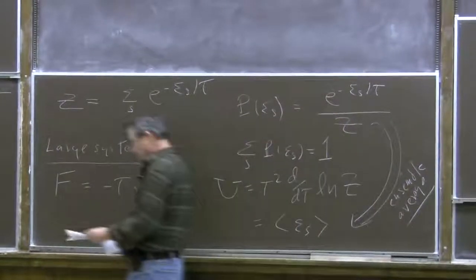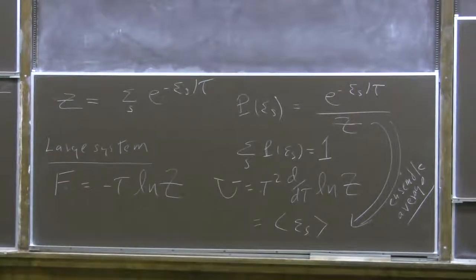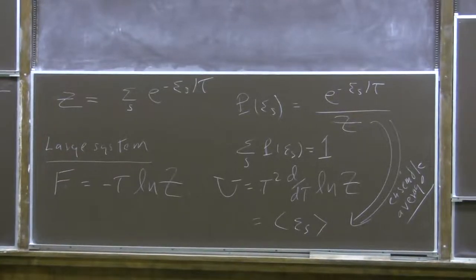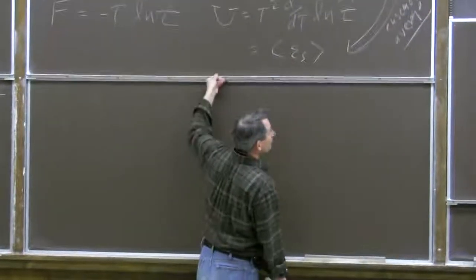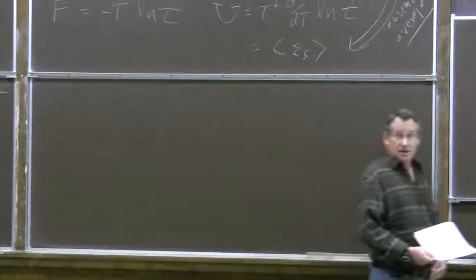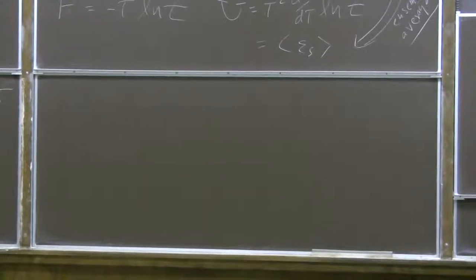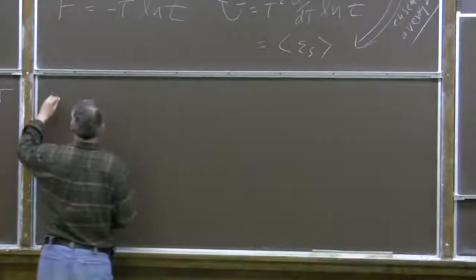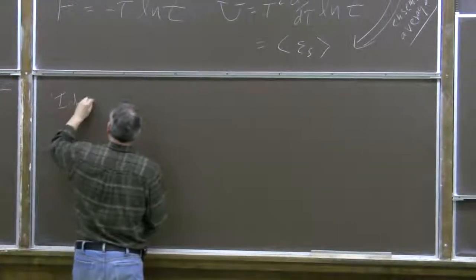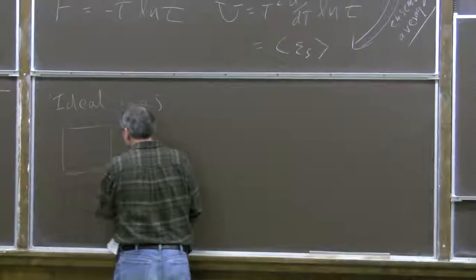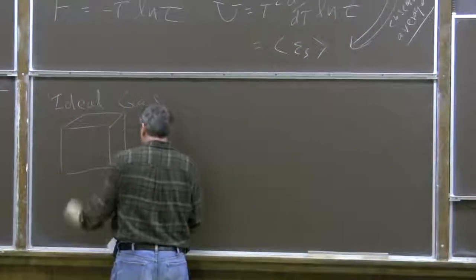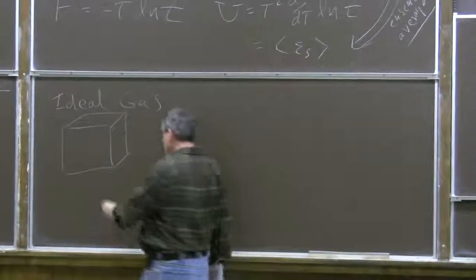Okay. So what we are going to talk about today is the ideal gas. We're going to make several passes at the ideal gas, each time with some new concepts and wrinkles added. Now, this is our first pass. We're going to consider a box. You might as well consider it to be a cubic box.